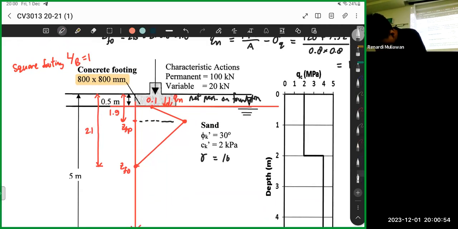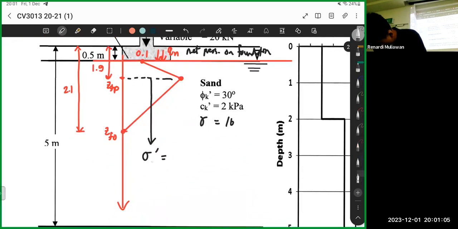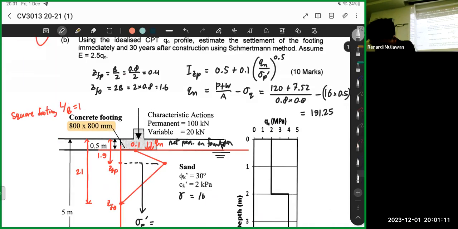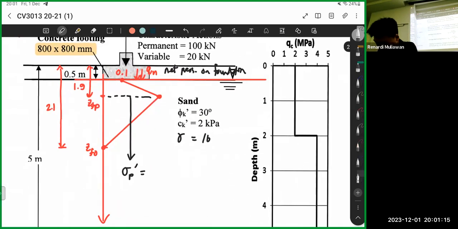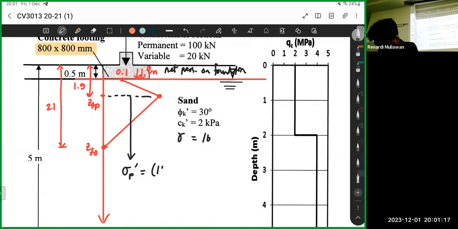We're finding the stress here, the effective stress at the peak. Groundwater is here, so 16 minus 10 times 1.9.